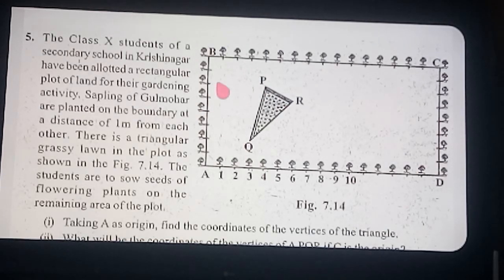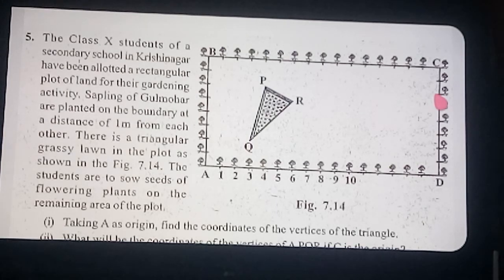So how can we find out the coordinates of P? P find out first. Here count 1, 2, 3, 4, 5, 6, 7, 8, 9, 10, 11, 12. So the coordinates of P, how much will come? The x coordinate, what will come? 12. And the y coordinate, what will come? 2. So (12, 2).